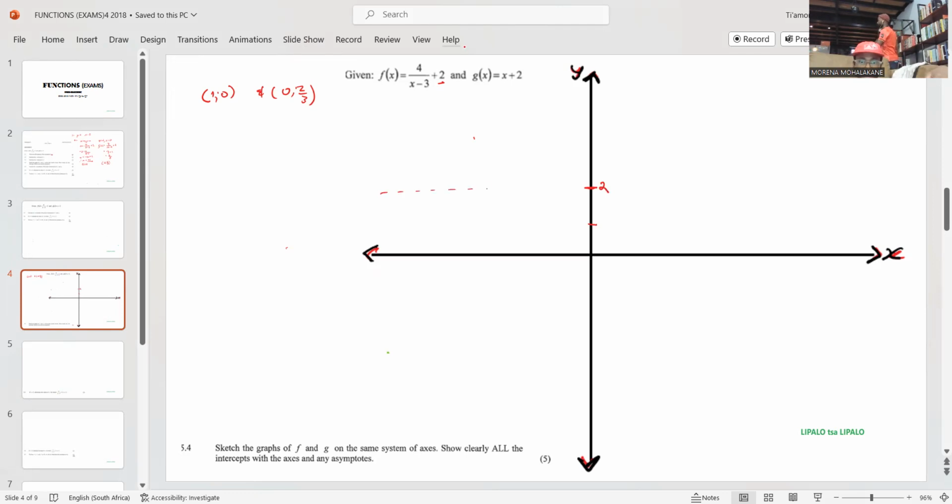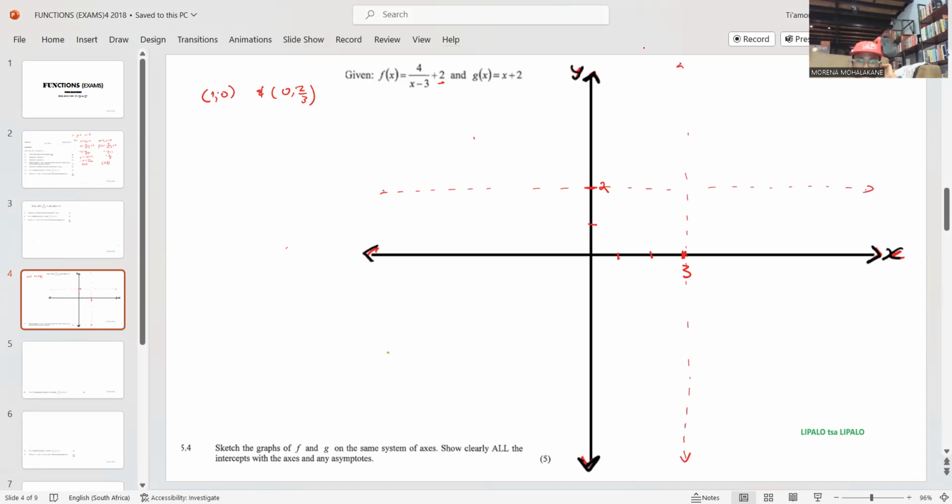I have a line there. And then I have 3, x is equal to 3. So I have 1, 2, 3. There's 3 there. I'm trying to make them straight. The graph is not going to touch those.